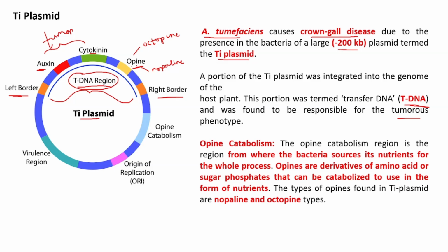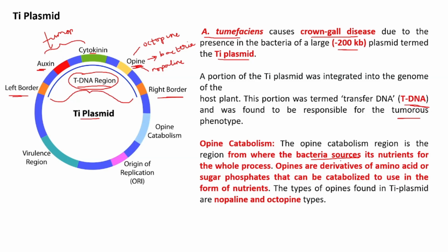Now you may ask why these opine genes are important. These are derivatives of amino acids and sugar phosphates, which provide the nutrients for the survival of the bacteria.